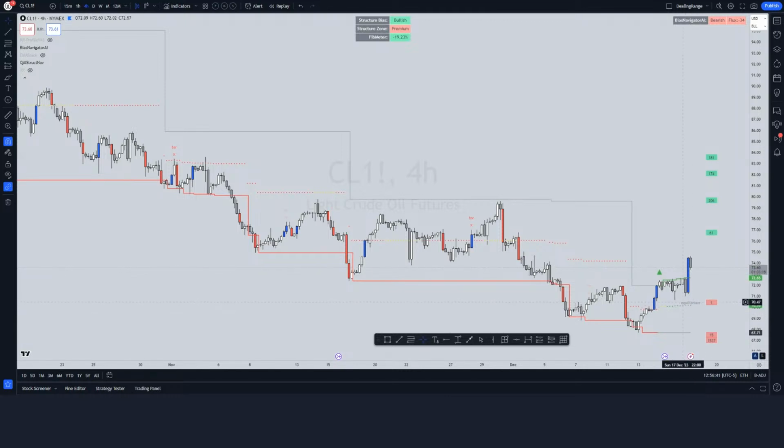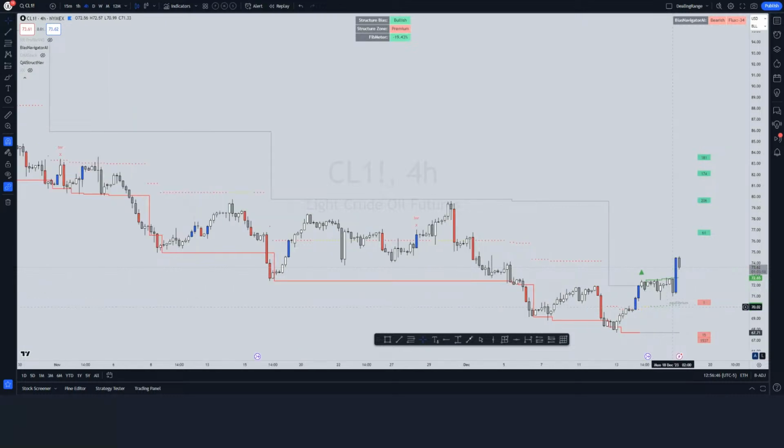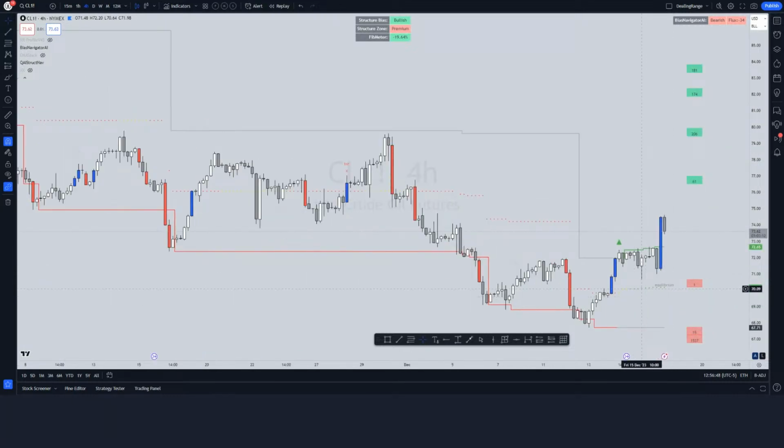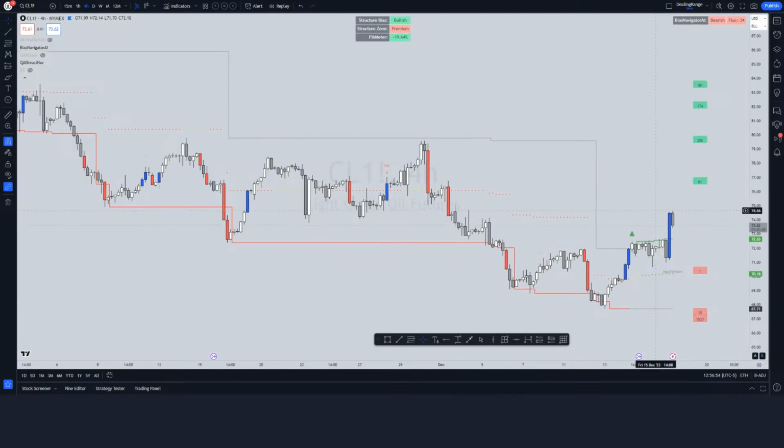Okay, this is why I created this indicator, because it gives me a very objective way to look at markets. Okay, I want to trade structure, price action, market structure. So market structure gives me bias in the sense of direction based on candles, and then these liquidity zones give me bias in terms of liquidity.